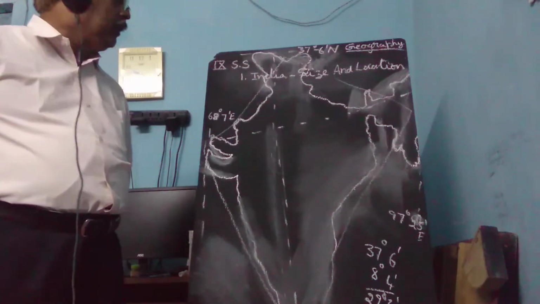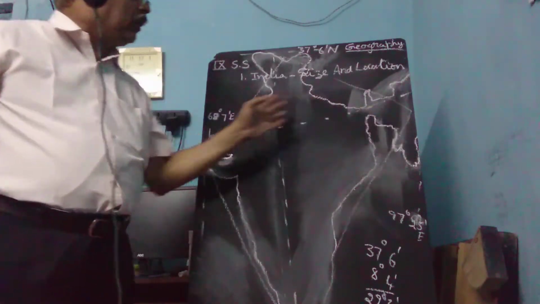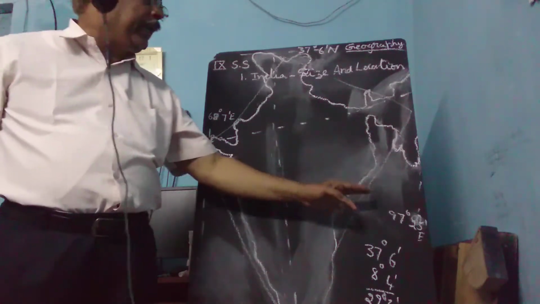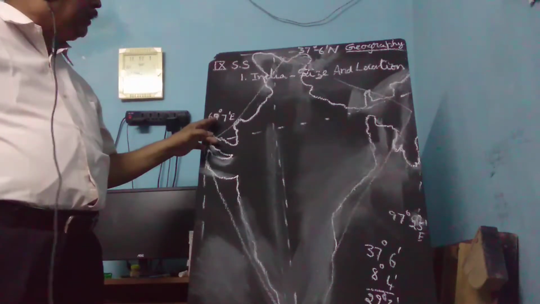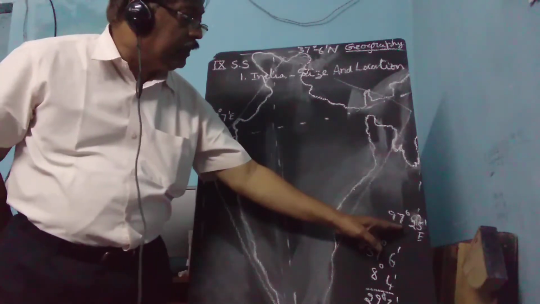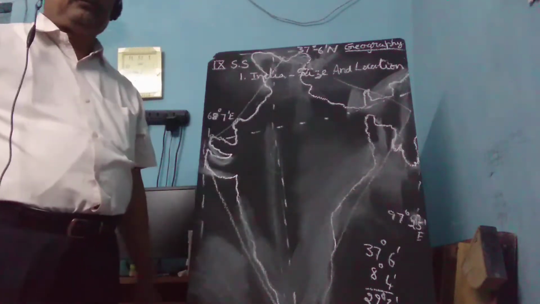In the same way, if you want to know how many longitudes are passing through India, simply subtract 68 degrees 7 minutes from 97 degrees 25 minutes.